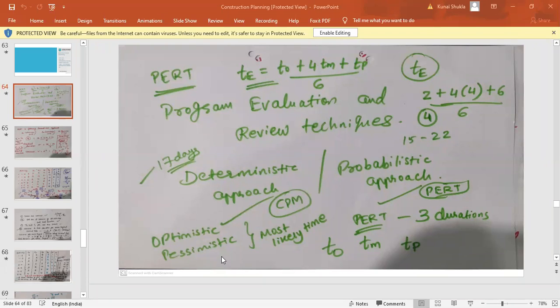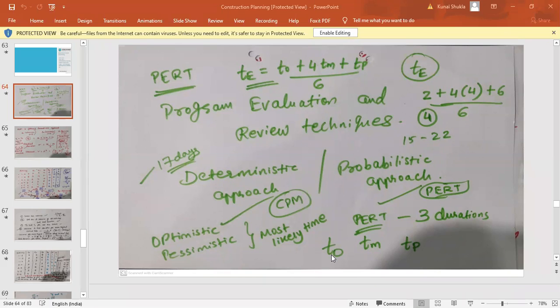Now, if you want to write down the definition of optimistic time, I'm dictating it. It is the shortest possible time. Why shortest? Because I told you it is the lower range. It is the shortest possible time in which an activity can be completed under ideal conditions. Ideal conditions means your work conditions are supreme, so you can finish the work at a very fast speed.